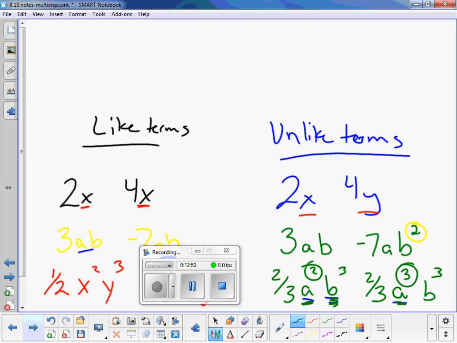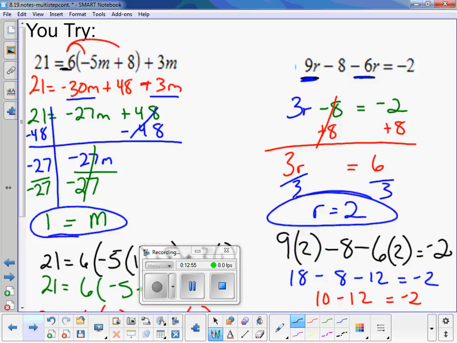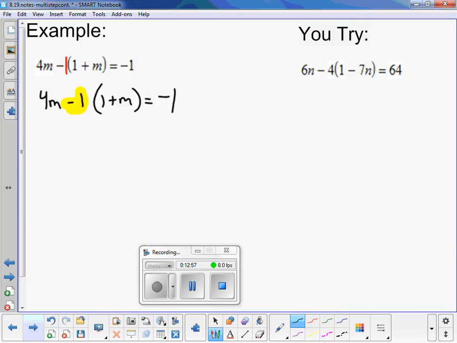Here, when there is a minus, you must distribute that minus with whatever the number is. So this is going to be 4m, and then I'm going to say negative 1 times 1 is negative 1. Negative 1 times m is negative m, which we will write down as minus m, equals negative 1. Okay?